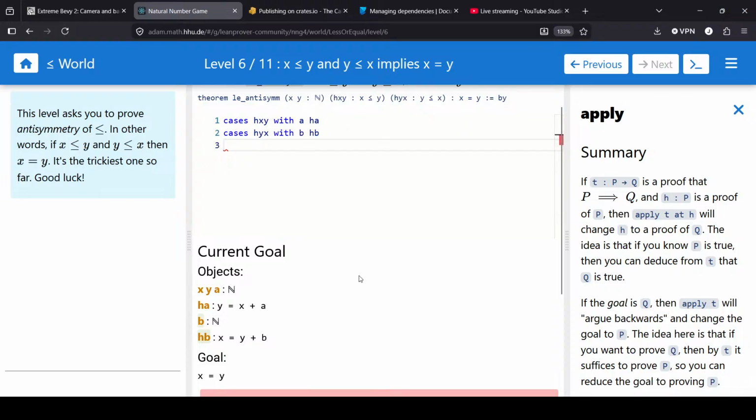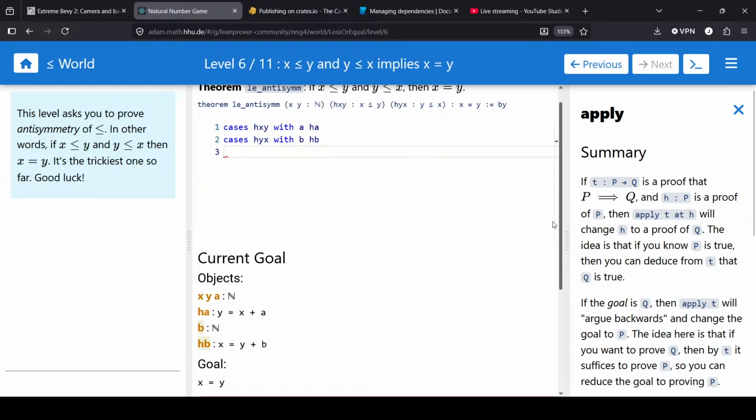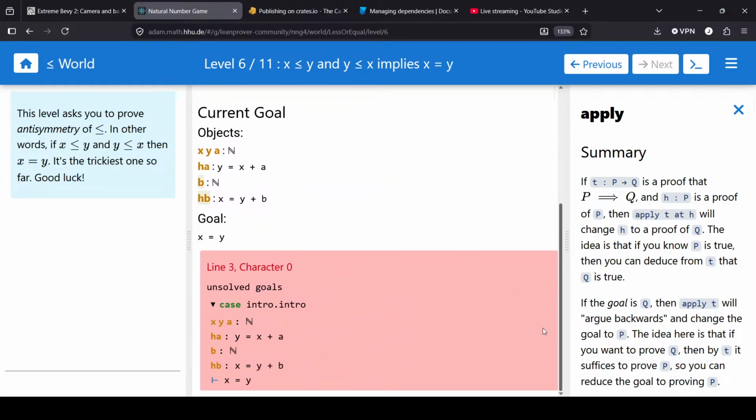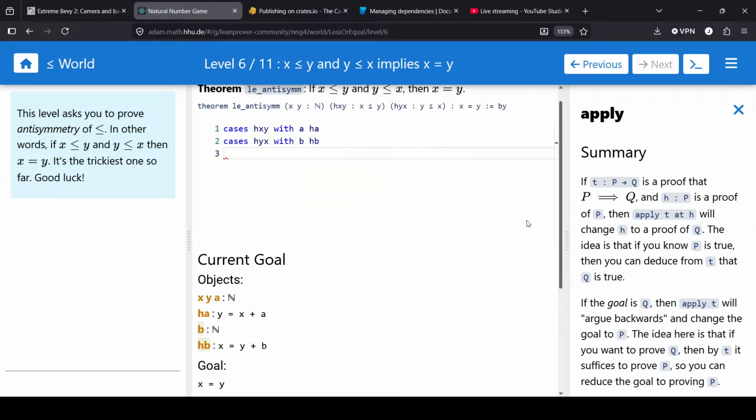Hmm. That is tricky. So what do I need to do here? Y equals x plus a. X equals y plus b.